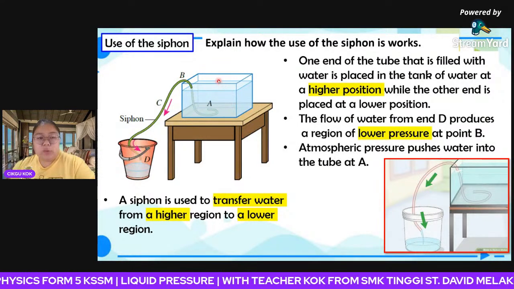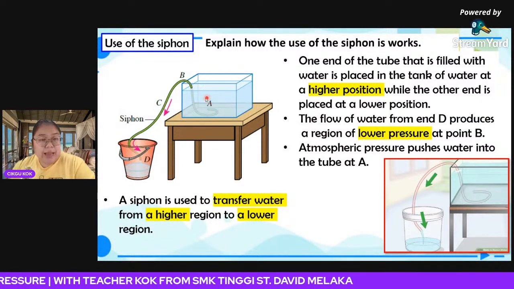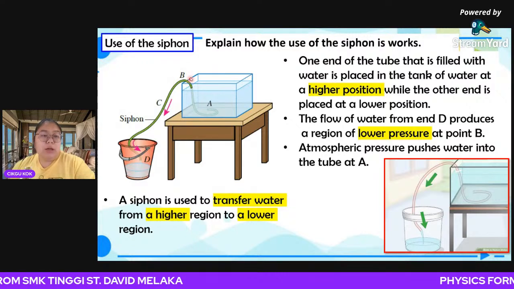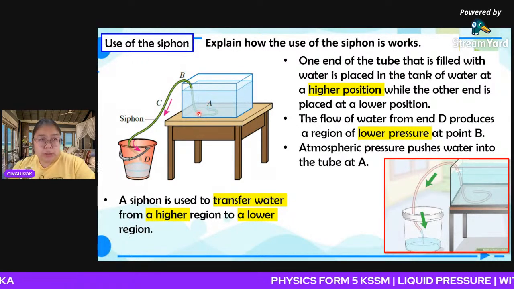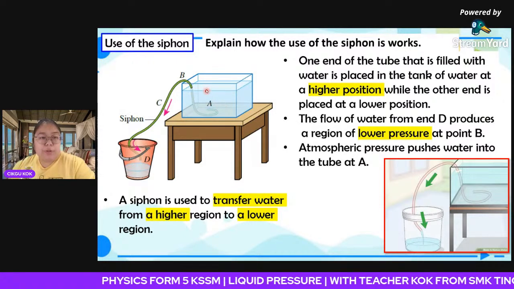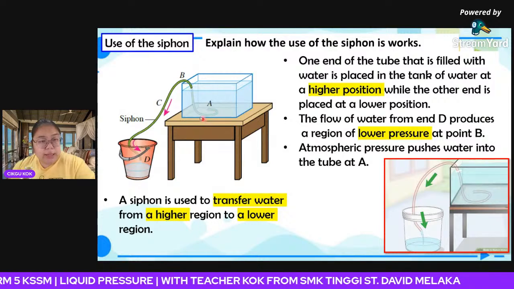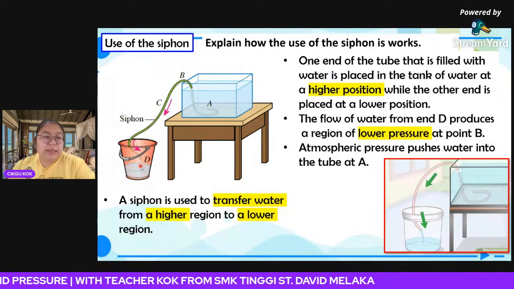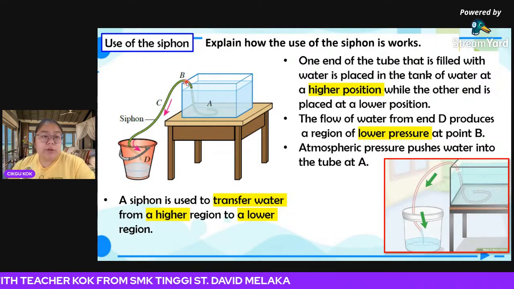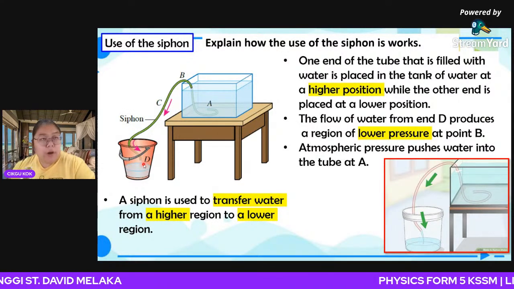That's why atmospheric pressure can push the water in the tank through A, then from A to B. If B were high pressure, the water could not go into the tube. B must be low pressure first, then the atmospheric pressure pushes the water into part A, then to part B, and D is surely the lowest.